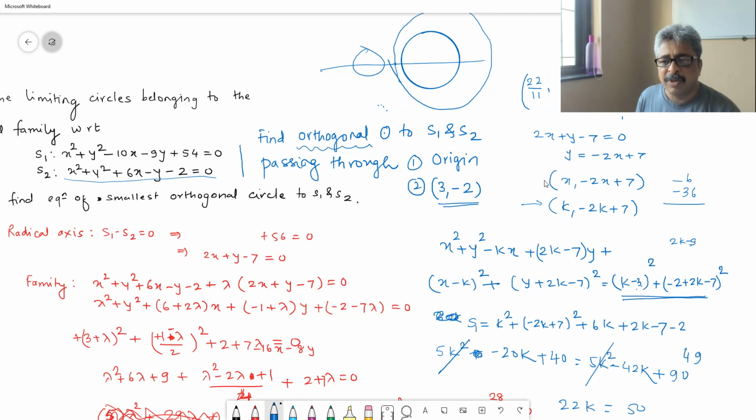By putting that value back into the center, you get the center of the circle, and putting the k value in either LHS or RHS, you get the radius of the circle, and you can report the orthogonal circle without actually finding out the limiting circles or the equation of the line joining the circles.